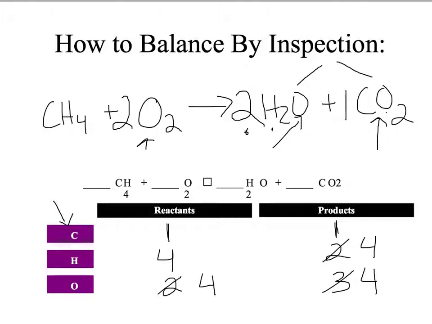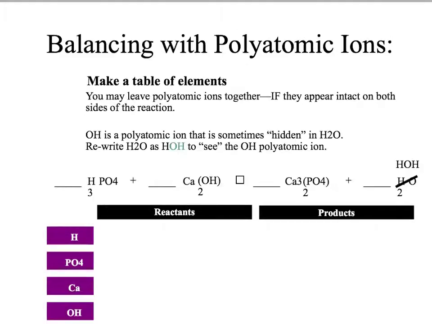I'm going to put 1s here. If there's nothing written in front of them, it means it's a 1. 1 times this 1 carbon, 1 times this 2 oxygen. So that's balancing by inspection. And this RIP chart is pretty simple to do.